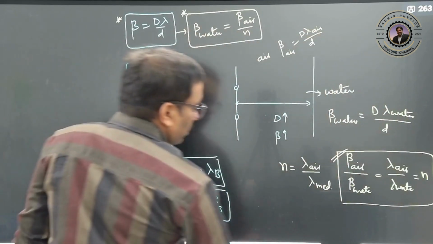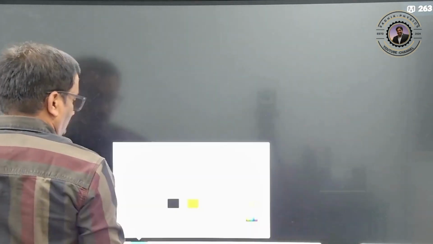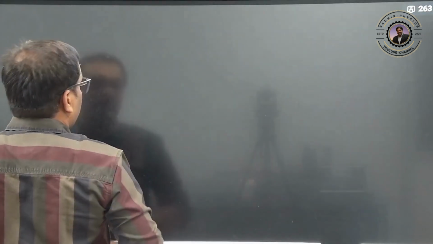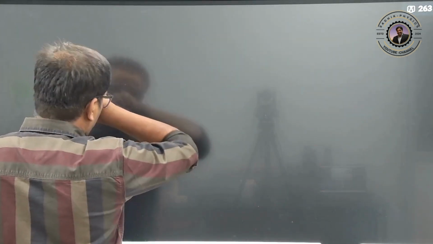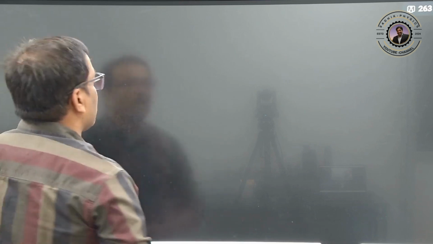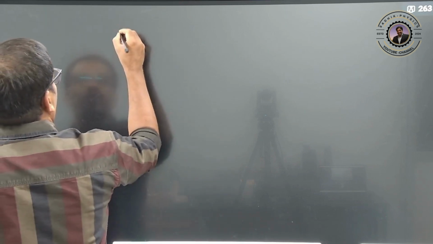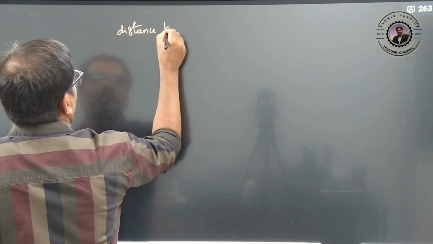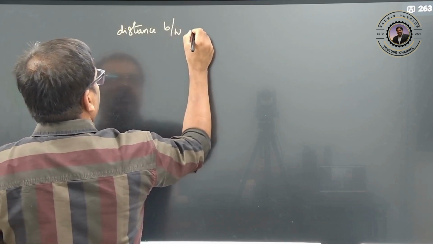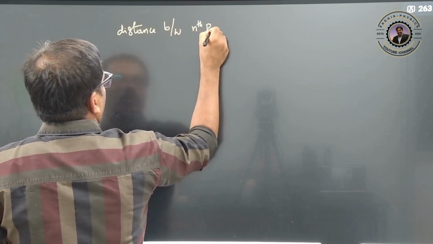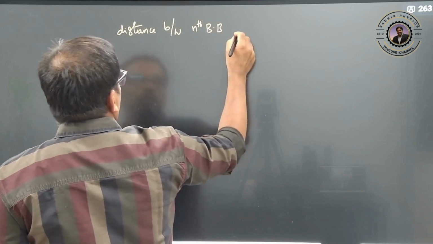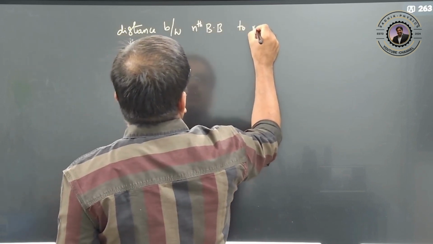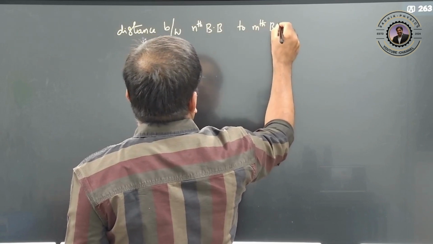And as I said, all fringes are equal in size. Suppose they may ask you what will be the distance between this fringe and that fringe, like that. So they can ask the distance between the nth bright band to the mth bright band.